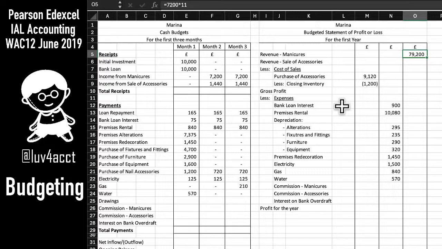Expenses should be multiplied by 12, because even if you don't gain anything, you still have to pay your rent. Okay, so revenue, and then sale of accessories, I will put it in another column here. So it will be 1,440 multiplied by 11 again.